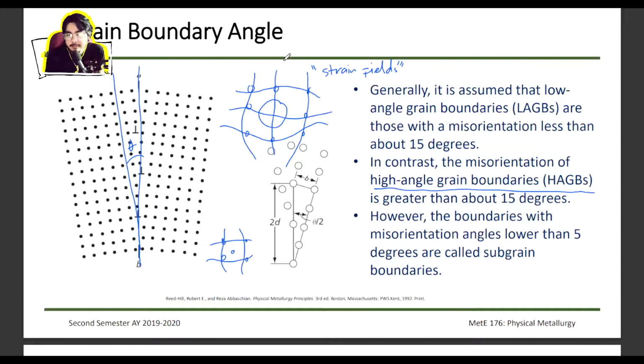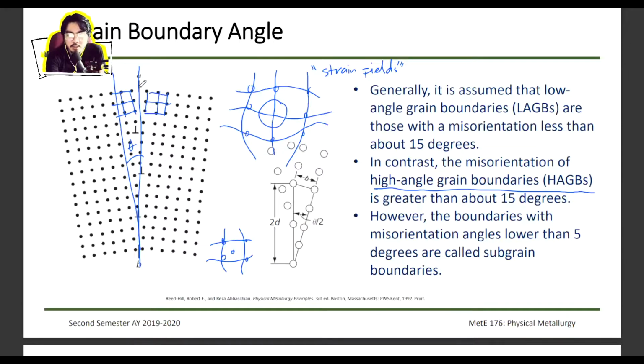Tama? So etong mga strain fields na to are not unique to the interstitial atoms or the substitutional atoms. Strain fields can also occur in grain boundaries. So if you have a grain boundary, kunwari this is the lattice niya, and yung katabi niya is this one right here. Merong misorientation.